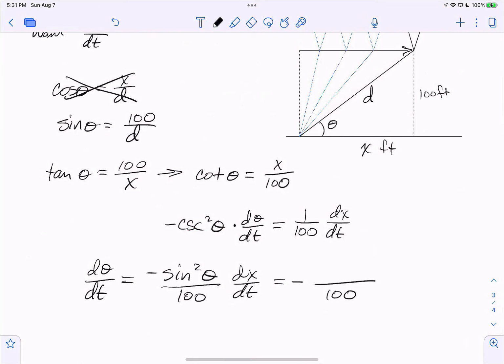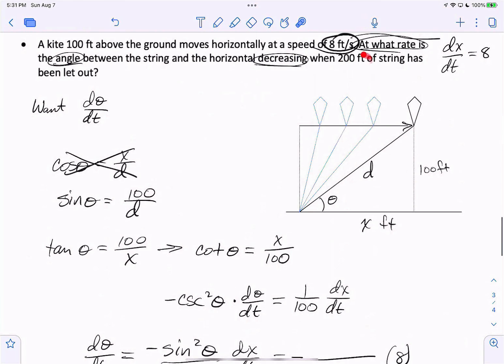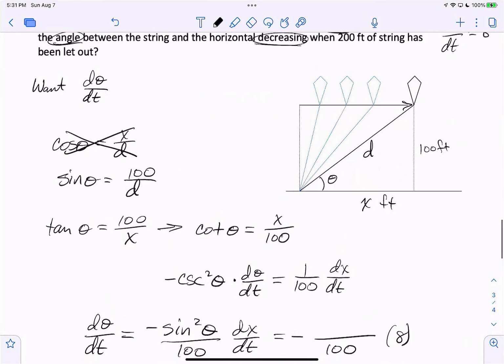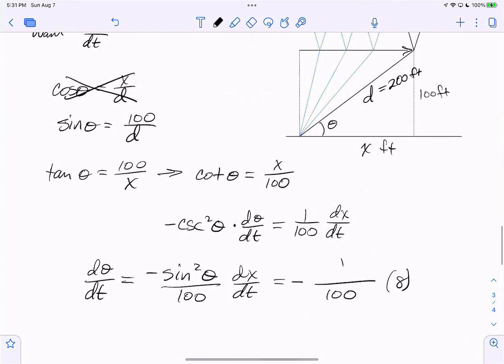Okay, fine. dx/dt we just said is 8. What about the sine of theta? What do we have to do to figure that out? Well, folks, look. The sine of theta is 100 over d, but we were supposed to find this when d is 200. If d is equal to 200 feet, then the sine of theta is 1/2.